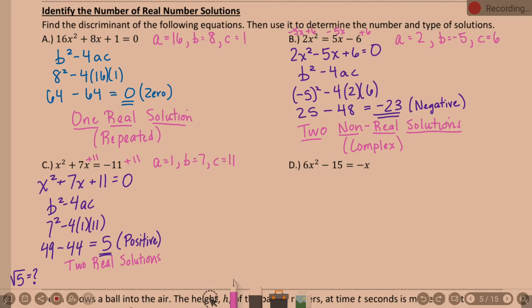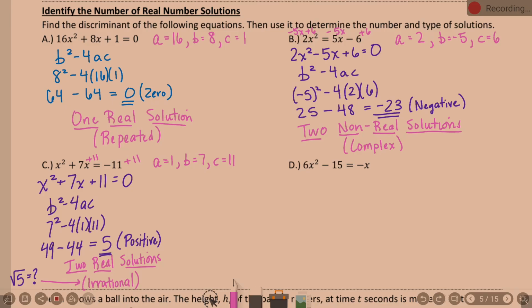But I'm also going to make note that they are irrational, because I would be taking the square root of 5 that I can't do. Okay, that's how I know it's going to be irrational answers.